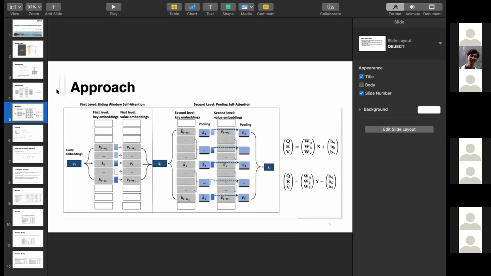And basically, if I remember correctly, the transformer has 6 encoder layers and 6 decoder layers, so the calculation will be even more. That means for each sentence, for each sample, we need to calculate so many times.